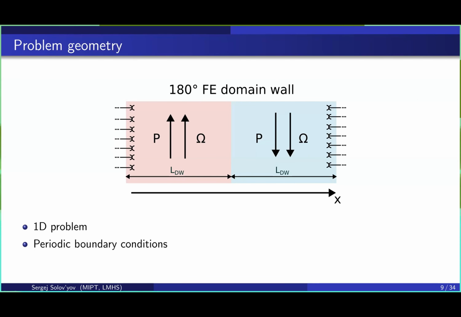Here I presented the geometry of our problem. We have two ferroelectric domains divided by a 180 degree domain wall, and in our problem we suggest that both polarization and anti-distortion vector are rotated in different periodic domains. We also consider periodic boundary conditions on the boundary of this geometry.